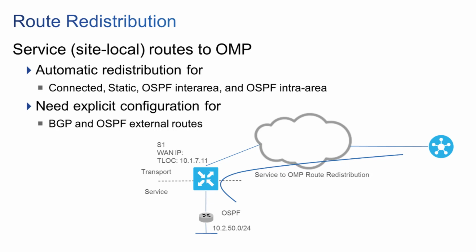So OMP is really that control protocol that's used to exchange all of our routing information, our policy information, and the management information between the vSmart controllers and those vEdge routers inside of our SD-WAN fabric and inside of our overlay network. As we mentioned before, it's obviously enabled by default. Once you start those vSmart controllers and vEdge routers, we don't really have to explicitly enable the protocol.